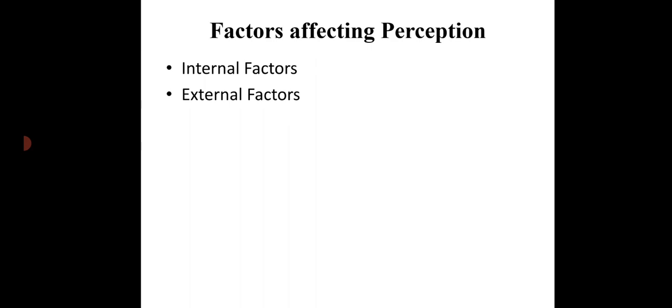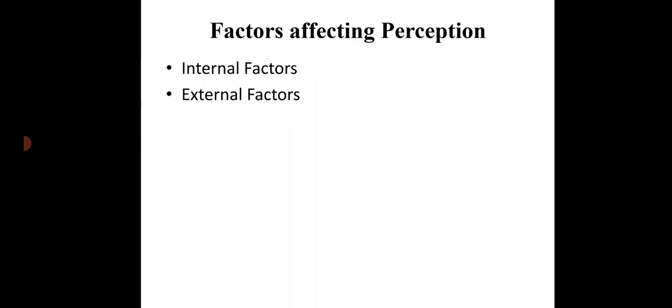External factors are those which are external aspects of objects, which include the size of the object, the situation, the repetition of stimuli, the familiarity of the object, motion of the object, attributes of the object, appearance of the object, and situational settings. These play an influential role in the process of perception.